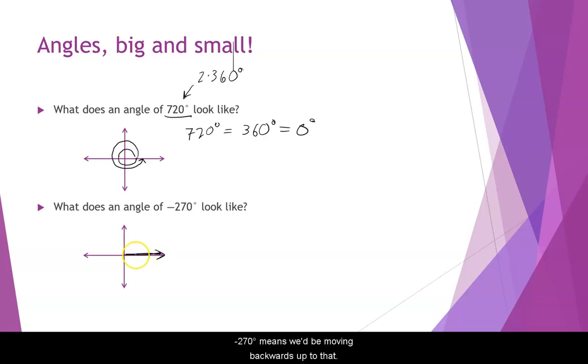So -270 degrees means we'd be moving backwards up to that. -270 degrees is actually equivalent to a positive 90-degree angle.